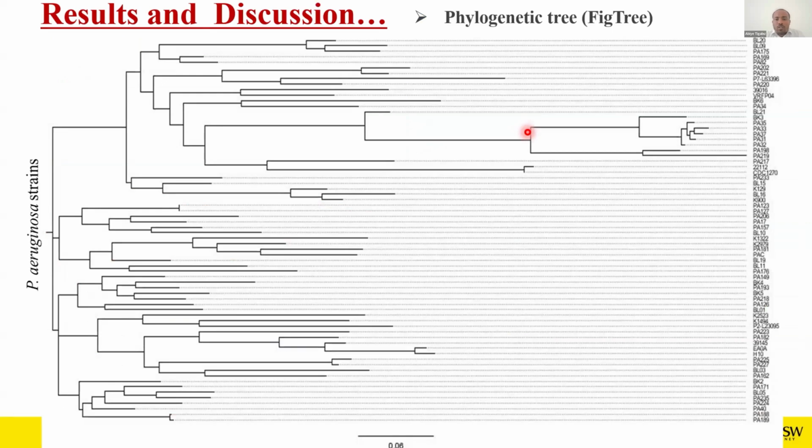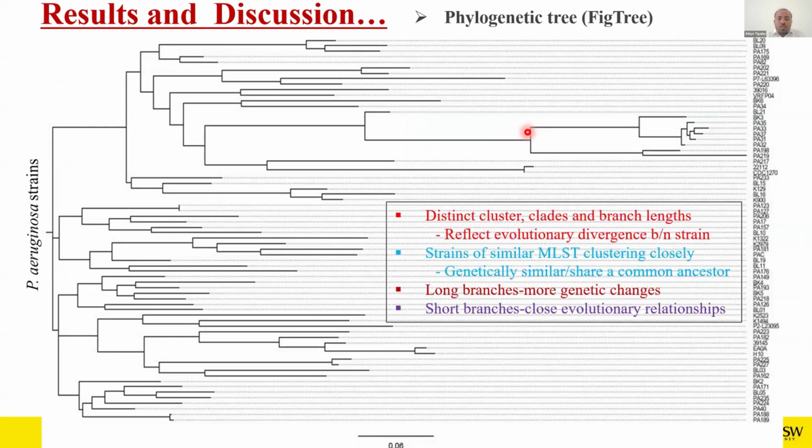To evaluate the evolutionary relationship between those ocular strains, a phylogenetic tree was constructed, and we found 3 distinct clusters, and clades and branch lengths, which reflect the evolutionary divergence between those ocular Pseudomonas aeruginosa strains.